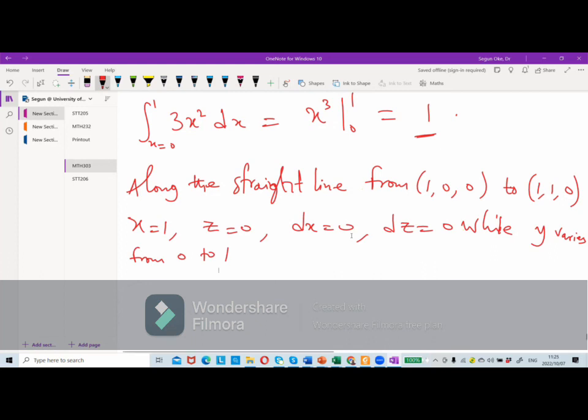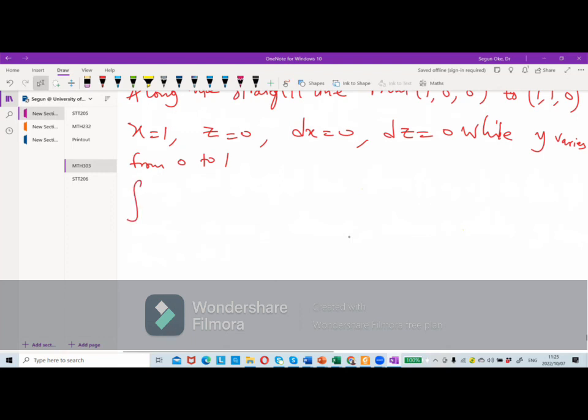So if y varies from 0 to 1, let's integrate it. We have the integral of y equals 0 to 1. Remember, x is equal to 1 in this case. We have 3 of 1 squared plus 6y.